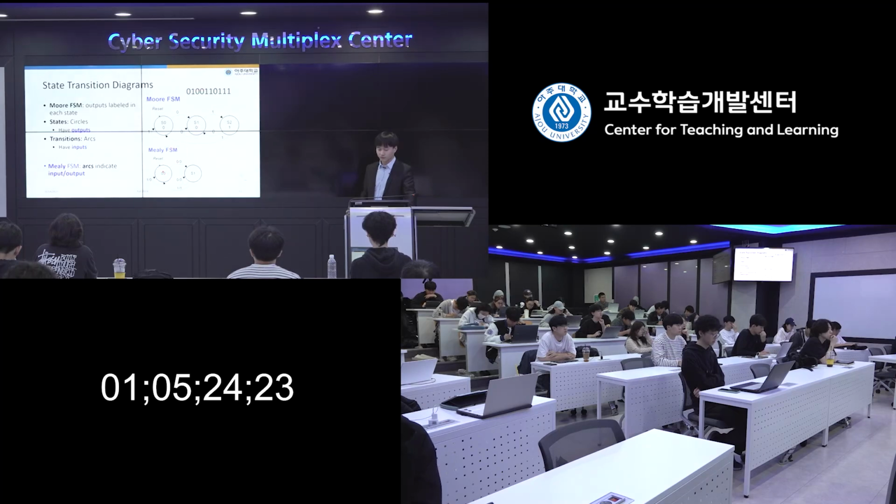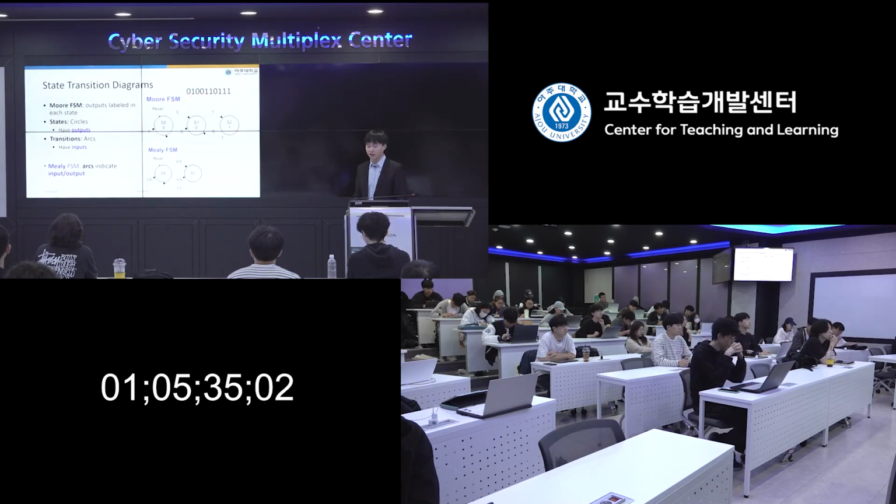How can we build this kind of state transition diagram? Generally, our purpose is to detect the 0-1 pattern, right? For example, you have this number sequence. Whenever you see a 0, you need to decide whether the next digit is 0 or 1. If it is 0, then we just keep the current state.